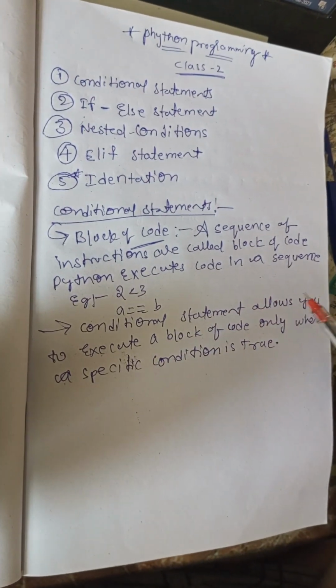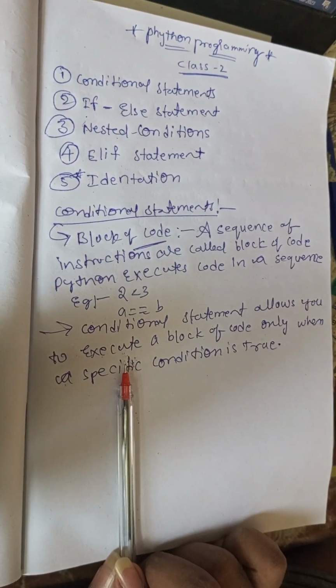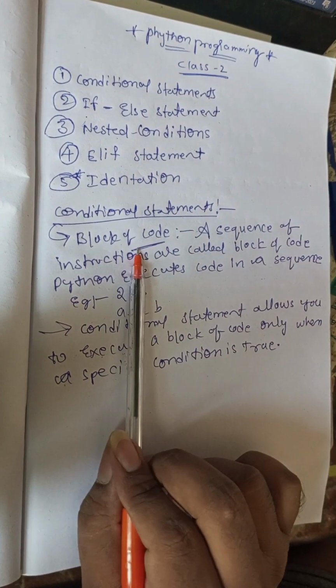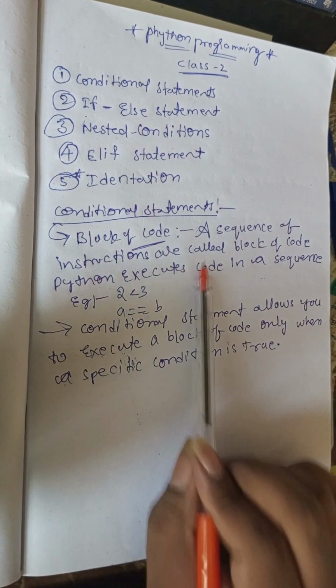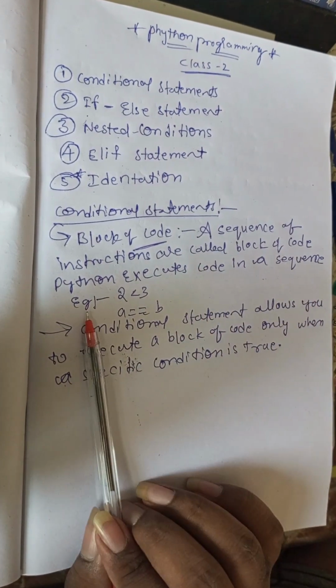What is conditional statement? Conditional statements allow to execute a block of code only when a specific condition is true. What is block of code? Block of code, a sequence of instructions are called block of code. Python executes code in a sequence. Okay.